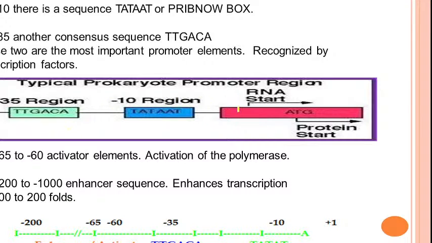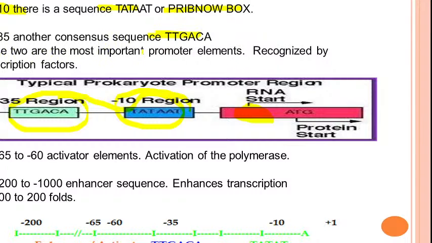Now let me show you. Some sequences are there before the coding region. These sequences are in the minus, and the sequence present at -10 is known as the TATA box or Pribnow box. I will tell you what the Pribnow box is. At the -35 region we have another sequence, TTGACA.